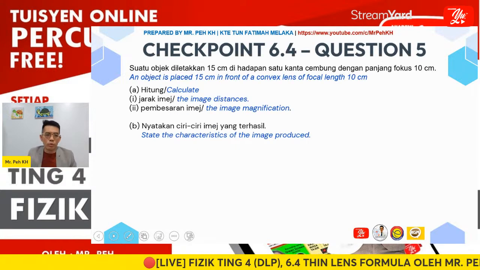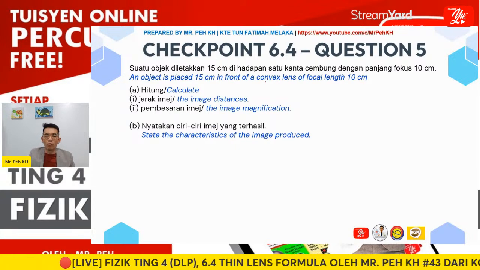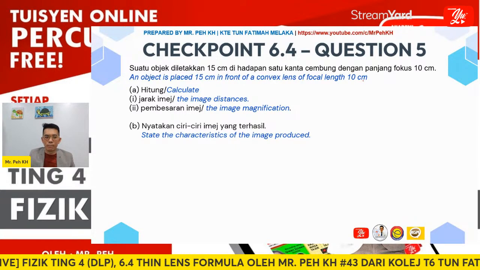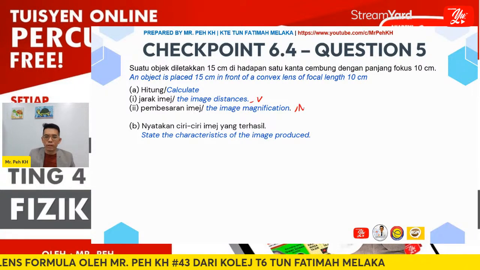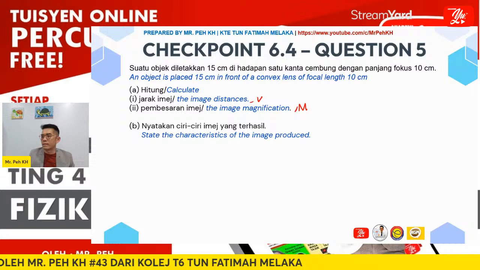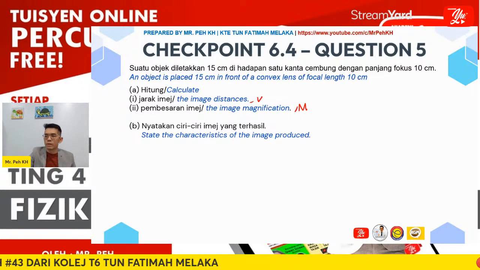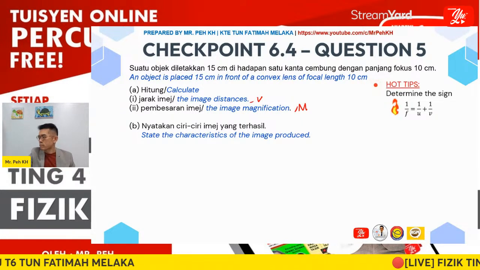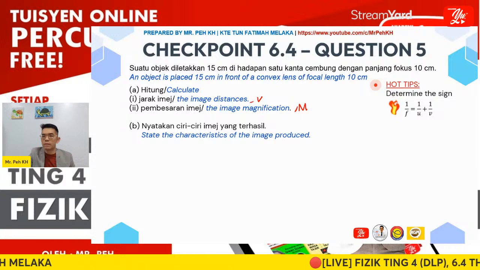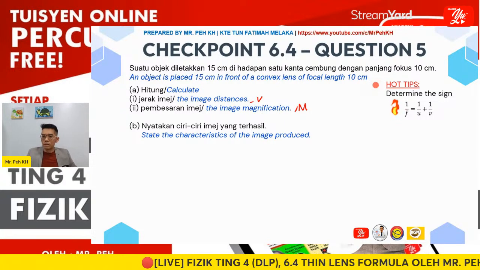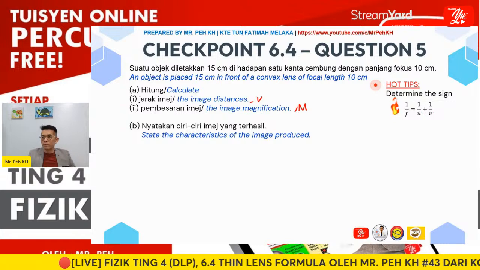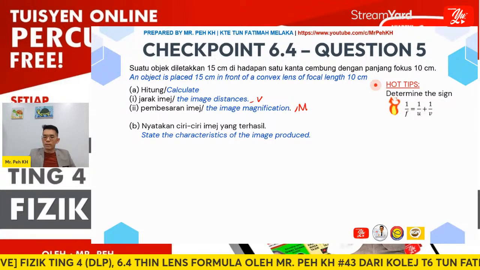Okay, so here an object is placed 15 cm in front of a convex lens with focal length of 10 cm. So again, calculate the image distance, magnification, and then state the characteristic. Okay, so here the tips will be again determine the sign and then substitute in the formula.